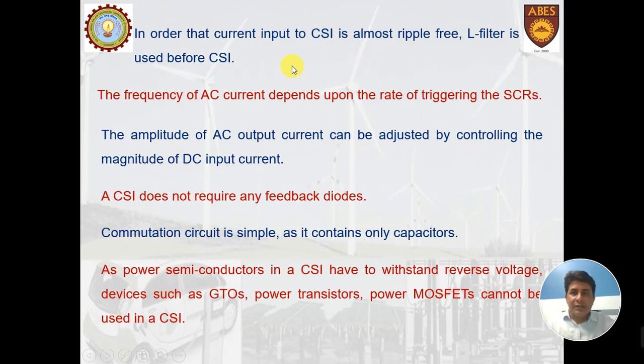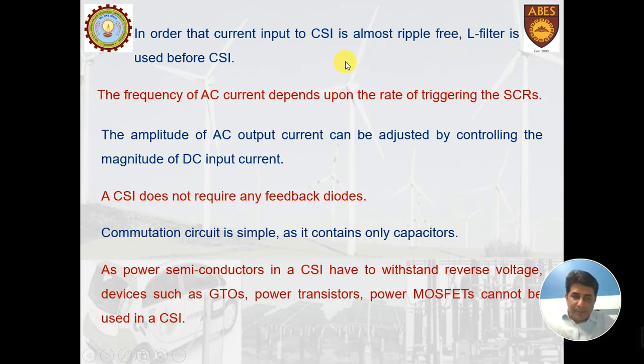Now there are some differences which you could make out between a VSI and a CSI. In a CSI, you will find at the input side there is an L filter connected. This L filter removes the ripples from the current. However, in a voltage source inverter, you will find a capacitor at the input side.